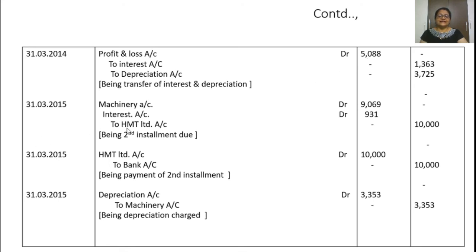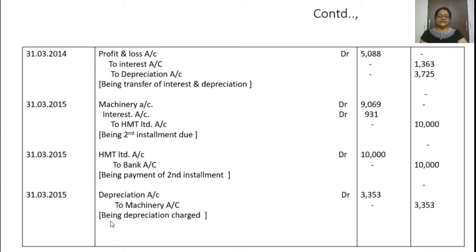Next year, again the same entry: the second installment due, with the principal amount to machinery, interest amount to interest account, credit the total installment to HMT. It is a due entry. Payment entry: HMT Limited debit 10,000, bank account 10,000. The second installment is also paid.